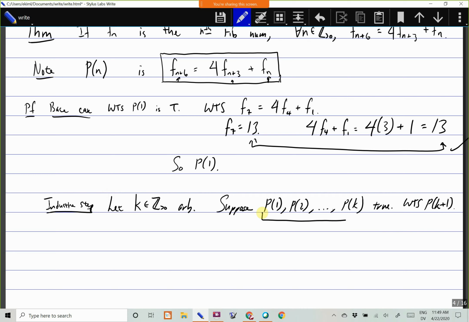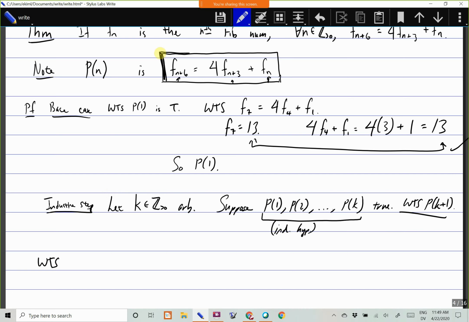Supposing these k separate facts, I just already broke apart the and here, is the inductive hypothesis.